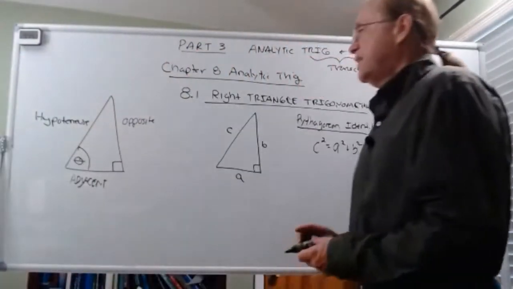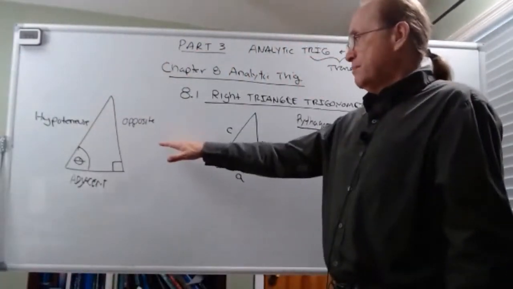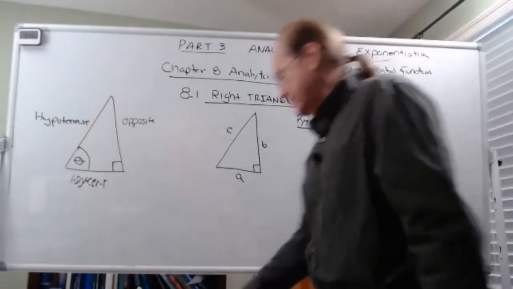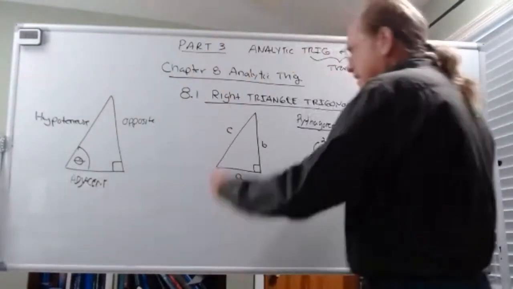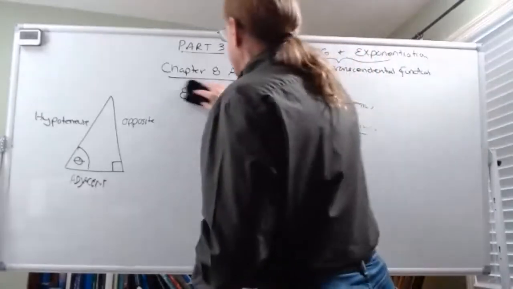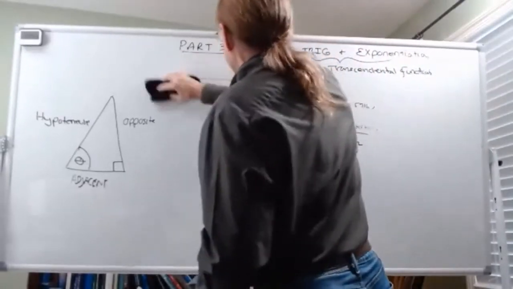Now, we could define, if we wanted to, my trig functions this way. Let's do that. And then I'll put it on the unit circle, and we'll take a look at the connection over here.